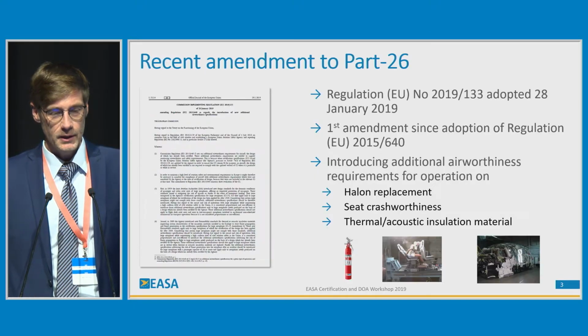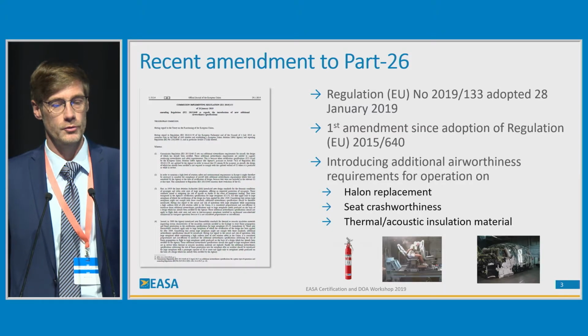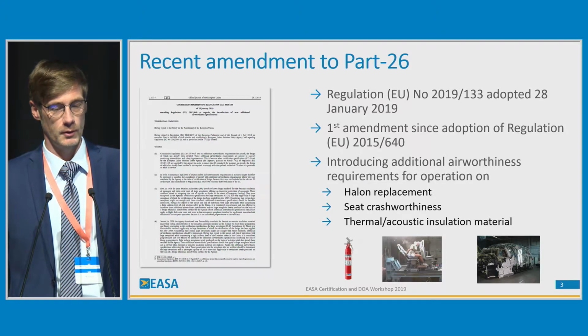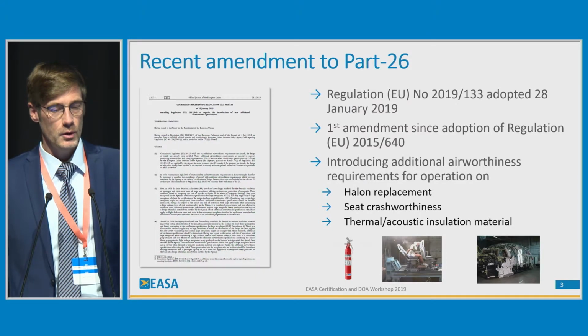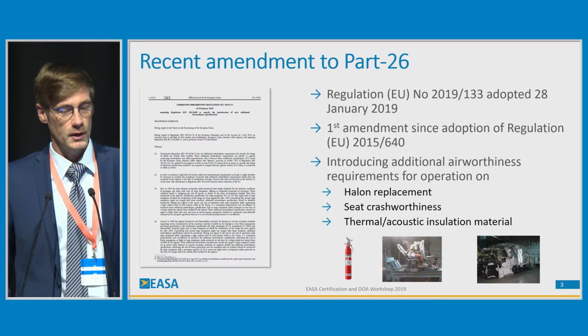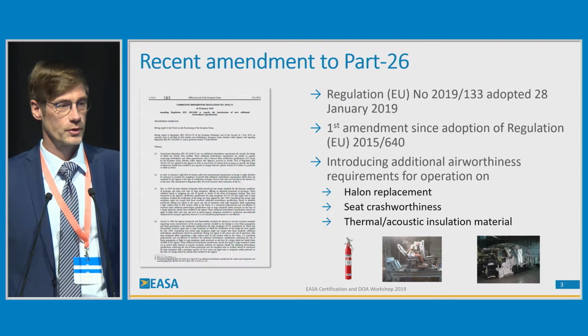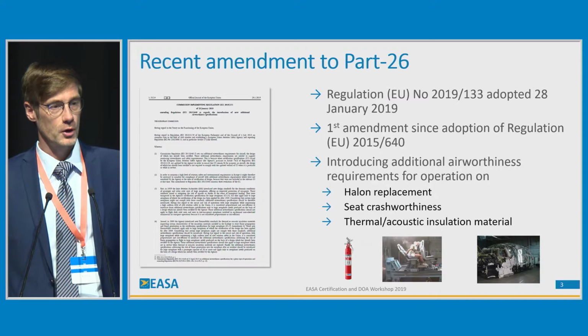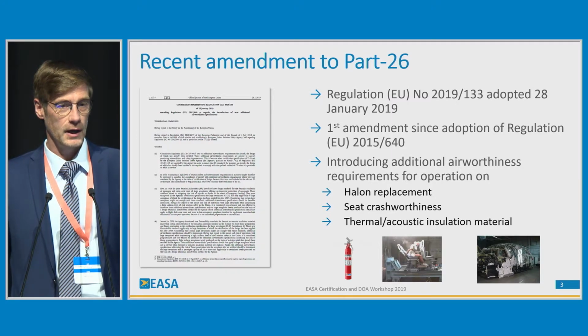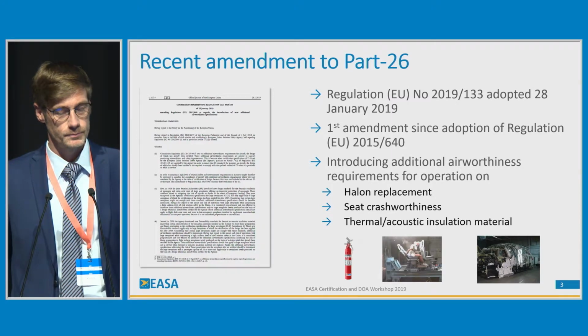So, beginning this year, there has for the very first time been an amendment to the Part 26 regulation. The Part 26 regulation is a regulation from 2015 with the number 640, and at that point in time it only transposed what was already existing in the JAA world in JAR 26.